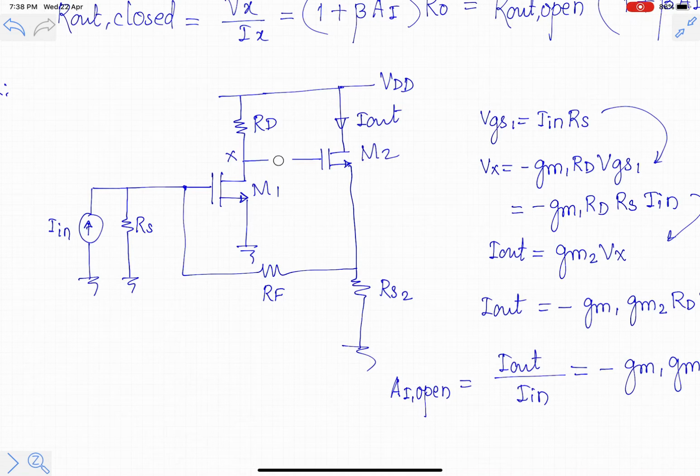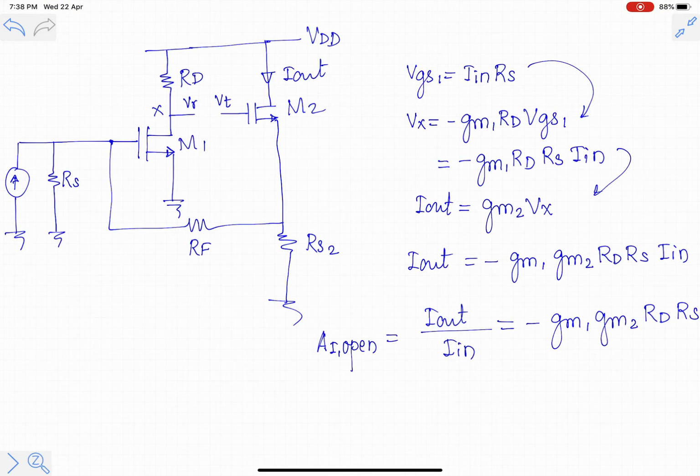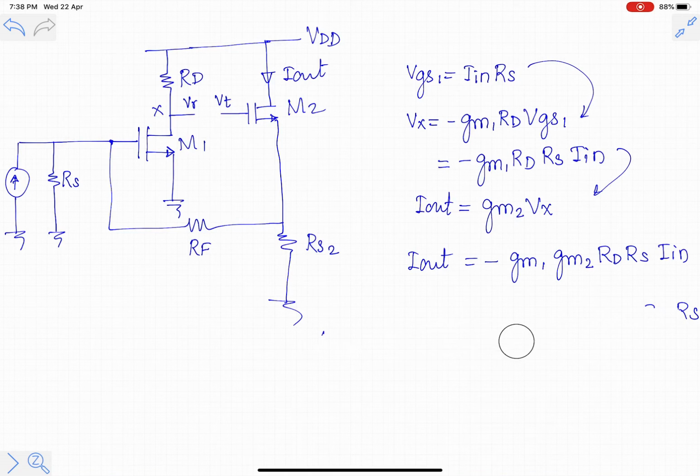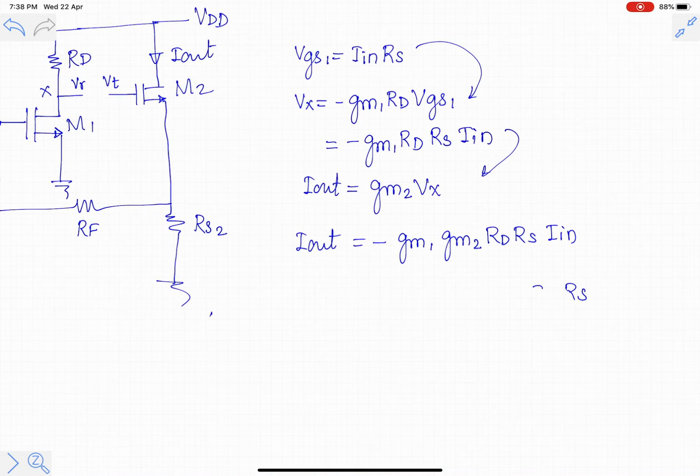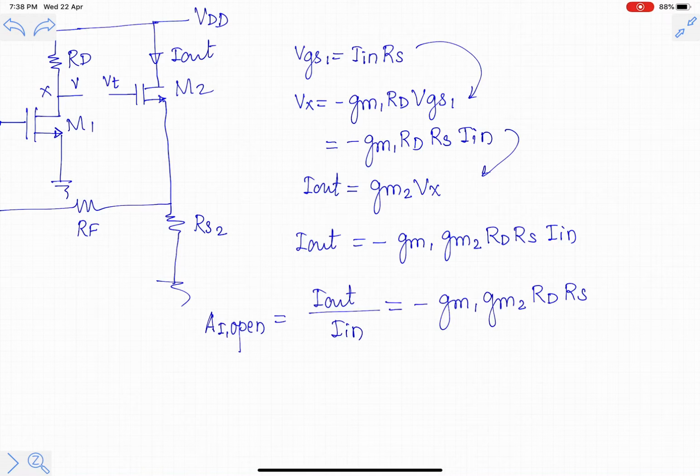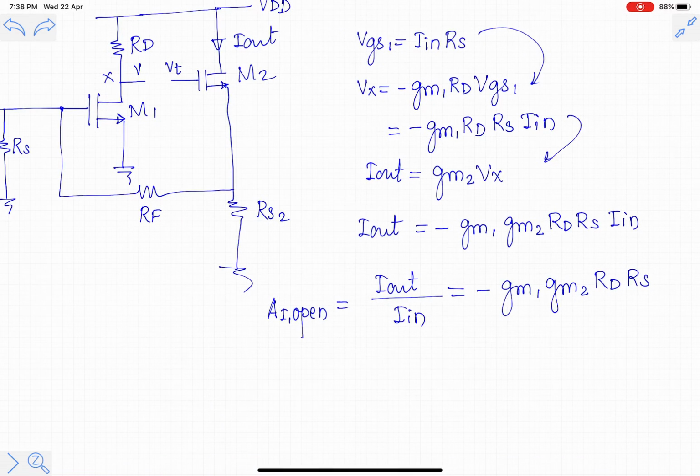We will break the loop here because the input impedance on this side is infinity. So here we will apply Vt and we find out what is the VR here. From this circuit it is very clear that we have found out this AI open. So this is VR.